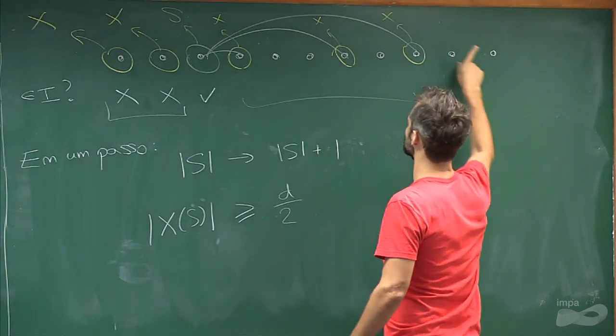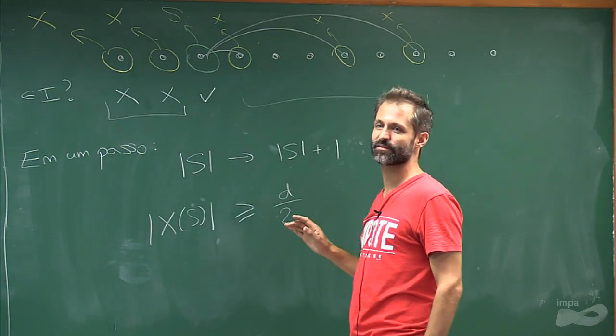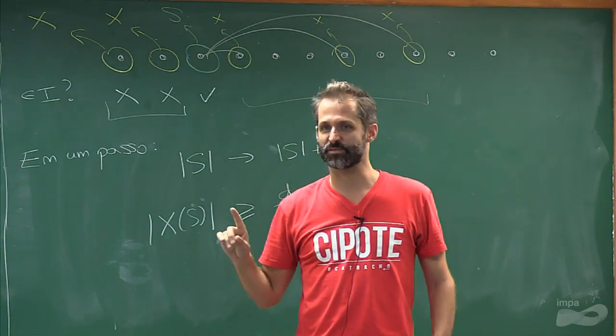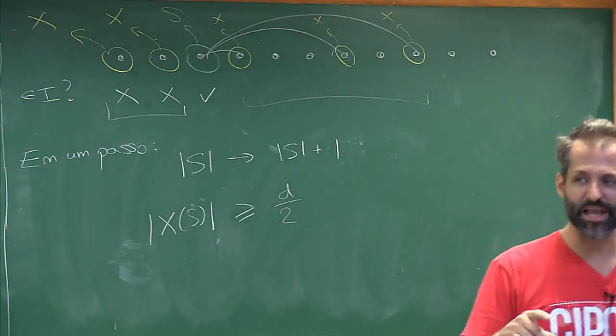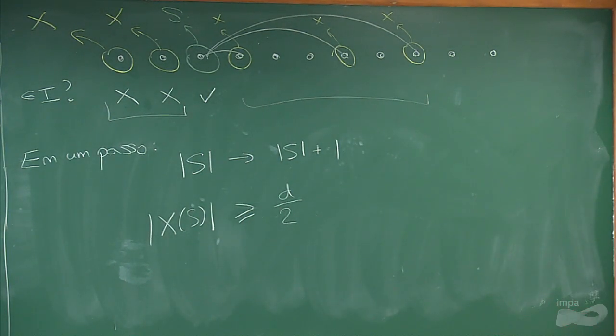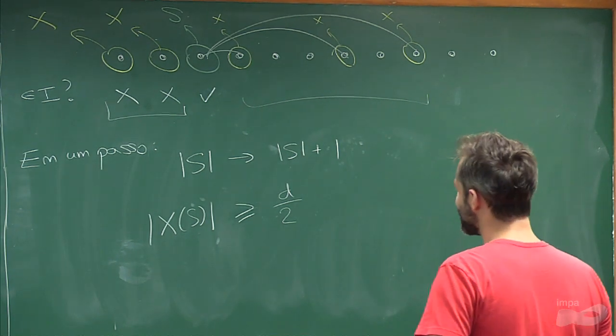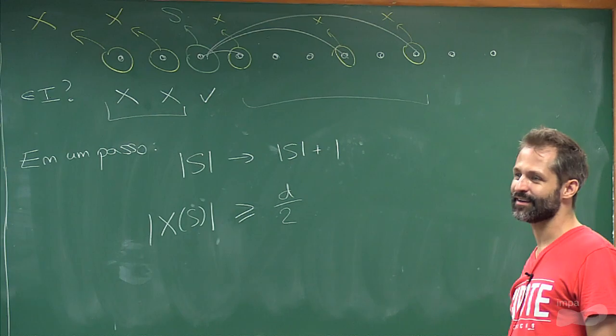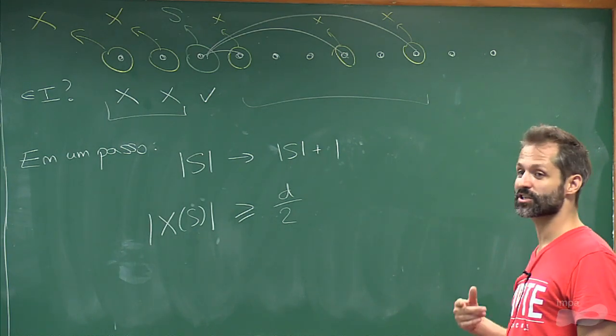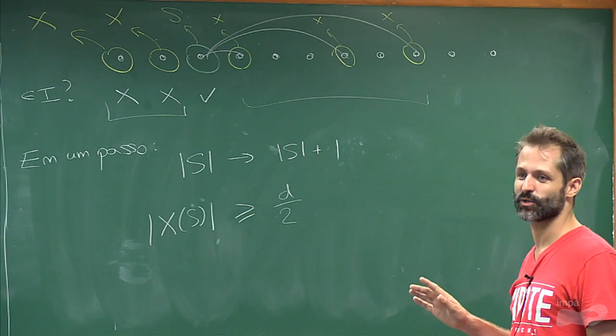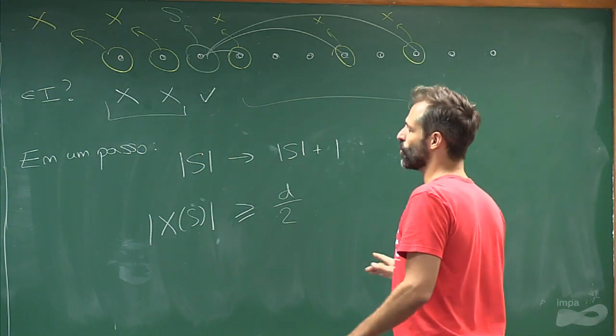So that means the average degree over here is at most d over 2. The average degree at the start was d. So we've thrown away at least half of the edges. What I like is that means that we've thrown away lots of vertices also. So I want to say that x is already big.